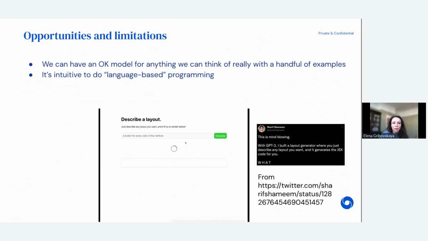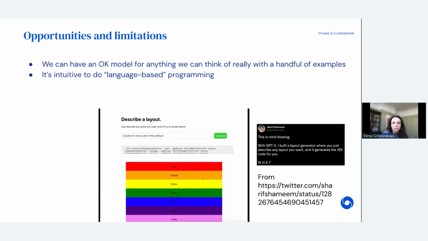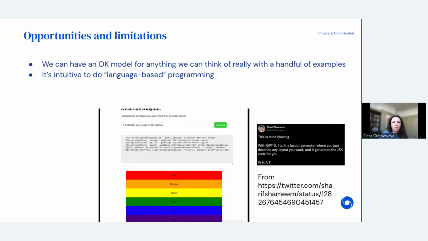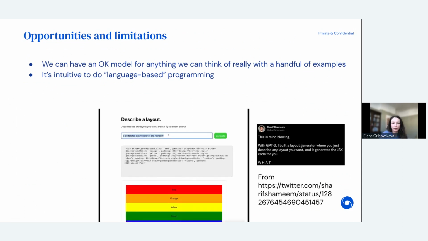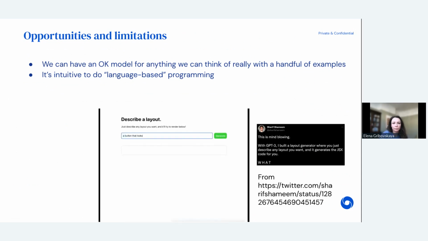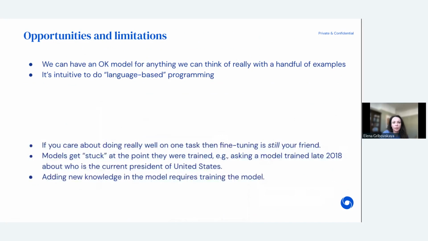And this relates to language-based programming. However, if we care about a particular task and want to achieve competitive performance, fine-tuning is still something that we need to perform.